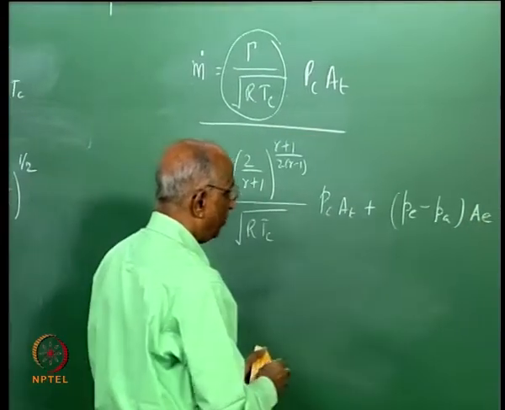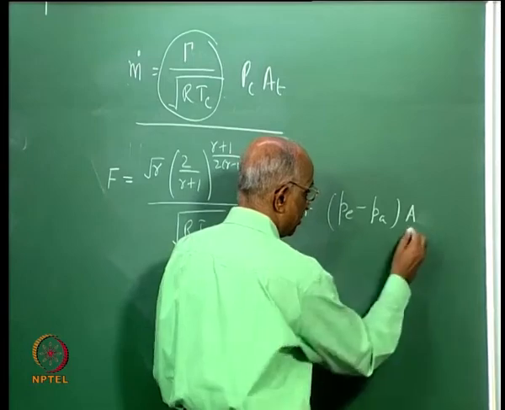This is the force generated. A is the exit area, which has a suffix e.